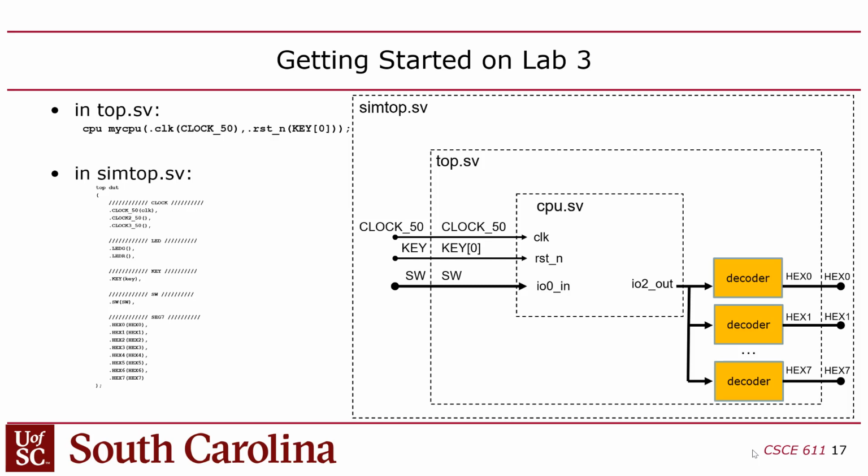So in SymTop, you can set this switch to be your test value, and then when you simulate it, you should see ModelSim eventually output the value that you're expecting. You guys with me? So this is a simulated key, a simulated switch, and a simulated clock that you're putting in SymTop. But when you take top and put it on the FPGA, then it becomes real. It becomes the real devices.